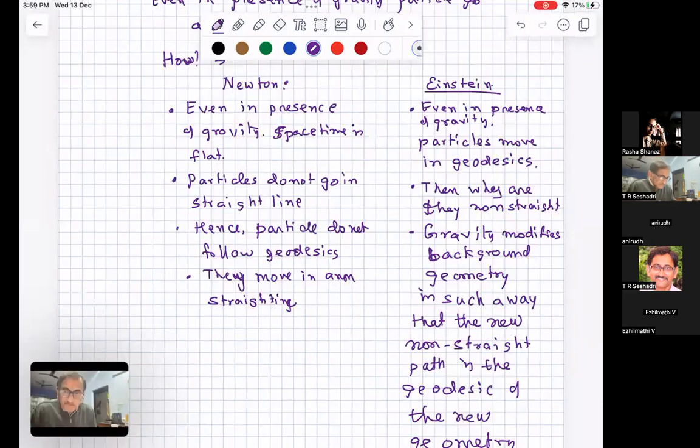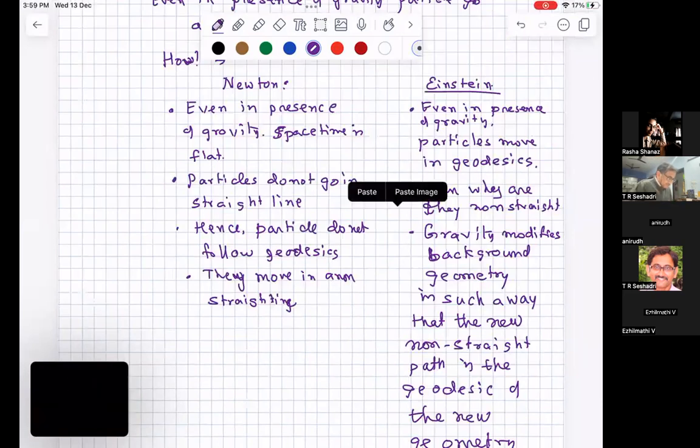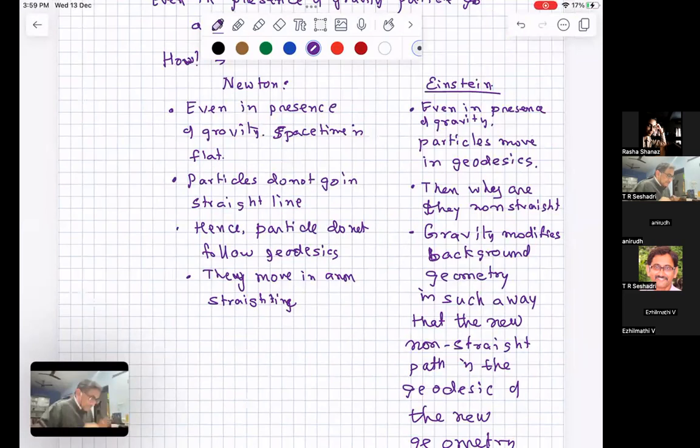Can you repeat this? I'm finding it difficult to understand. Okay, I will repeat because this is the central pillar of GTR. What Newton said was, whether there's gravity or not, space-time is flat. So if the particle is free, it will go along a geodesic.